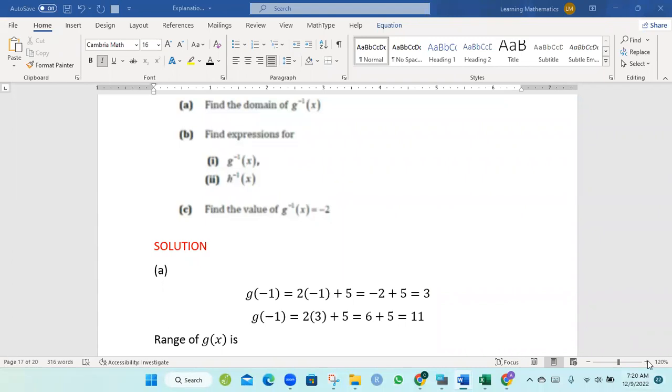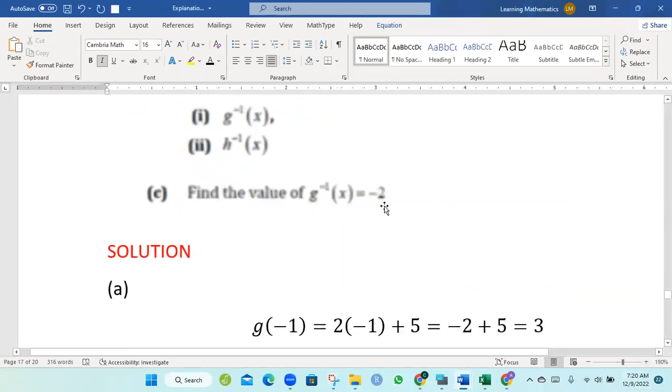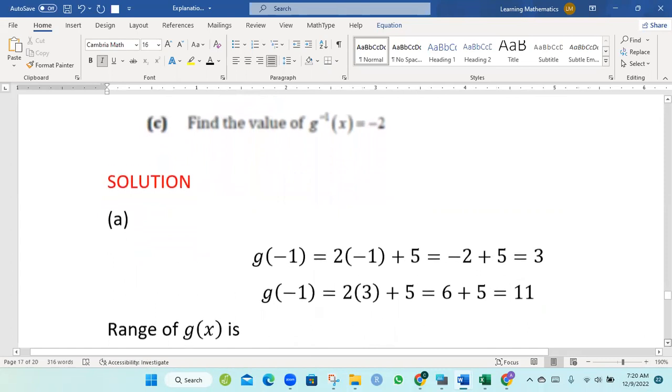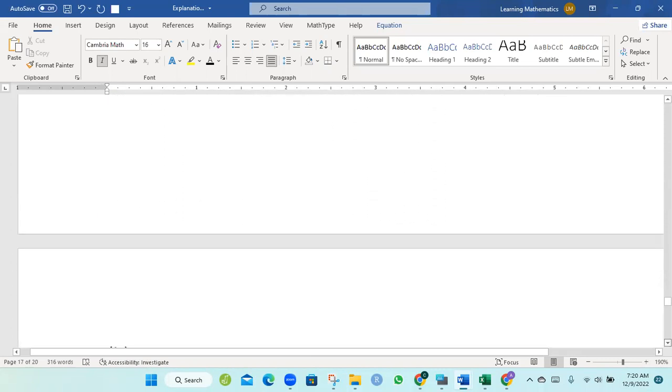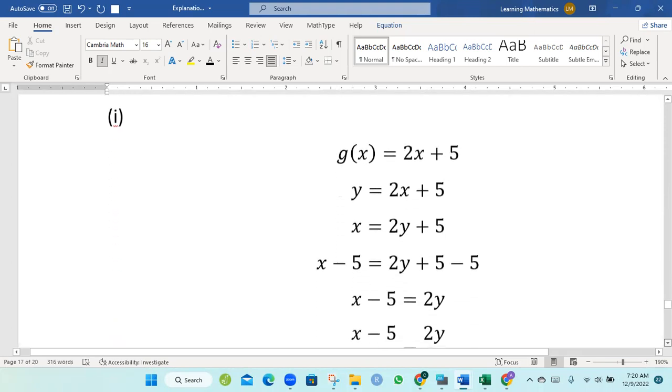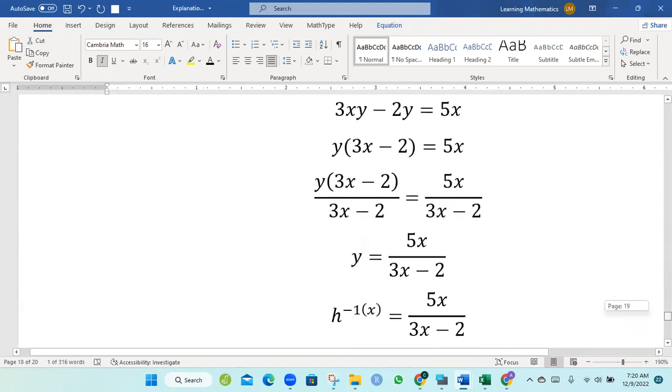So part C is saying find the value of x if g inverse of x is equal to minus 2. Okay, so if g inverse of x is equal to minus 2, then we can solve for x by substituting minus 2 into g inverse of x. So we know g inverse of x is equal to x minus 5 over 2.